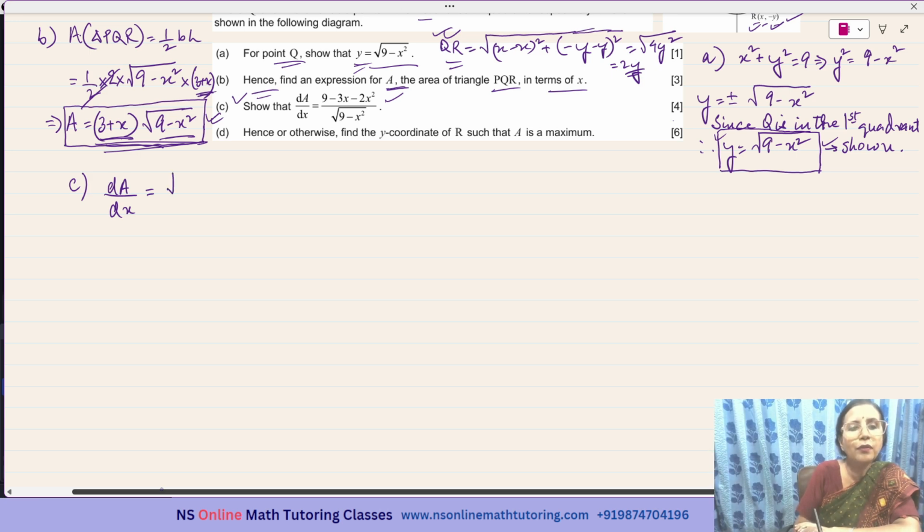times square root of 9 minus x squared. Okay. And I have to differentiate. Let me write the second part. Now I will be keeping the 3 plus x the same and I will be differentiating square root of 9 minus x squared. But there is no place for radicals in calculus. So over here, let me just write dx of square root of 9 minus x squared, which is, I have to convert this to exponential form.